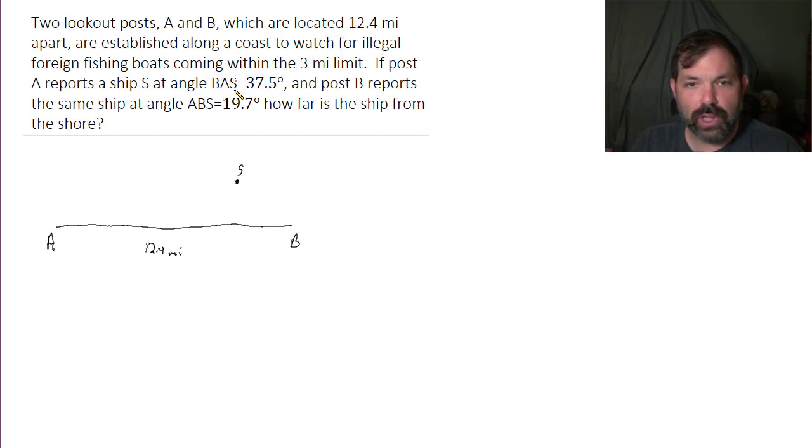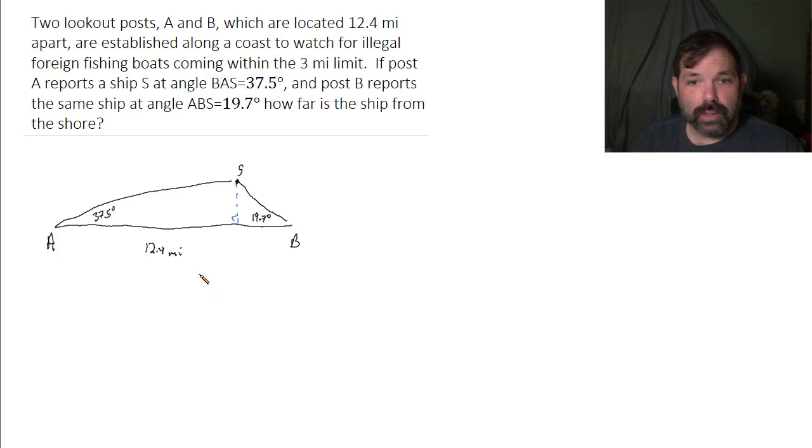So remember, in this notation from geometry, BAS means A is the vertex, and the angle is B. So there would be the 37.5 degree measure. And similarly, ABS, this would be the 19.7 degree measure. Obviously, this is not drawn to scale. And we want to know how far is the ship from the shore. All right, so we're really trying to solve, what is this measure right here? How far is the ship from the shore?